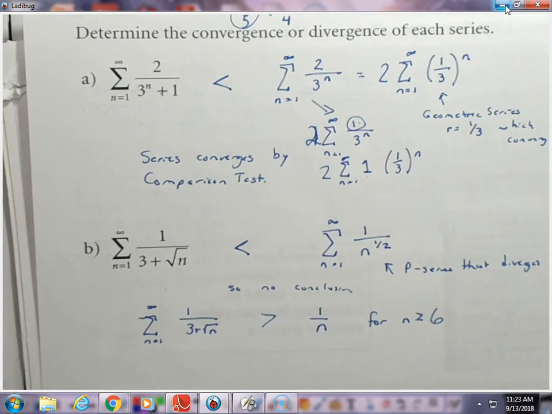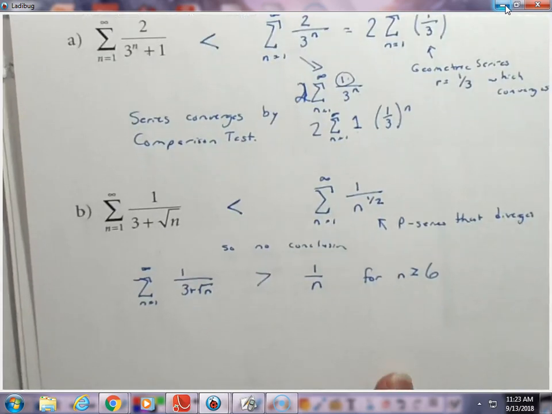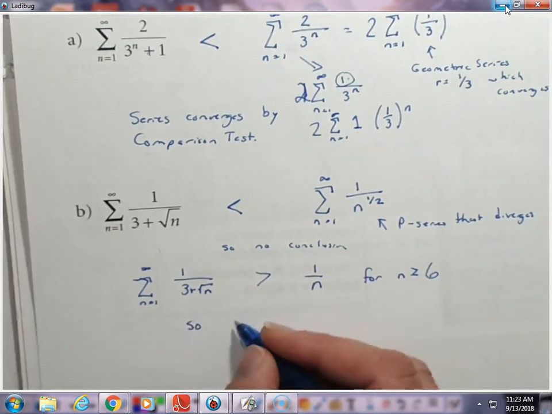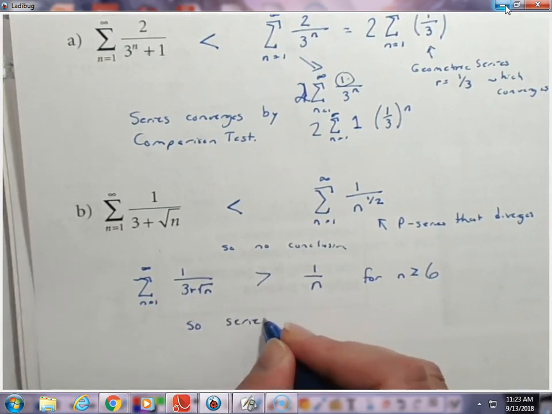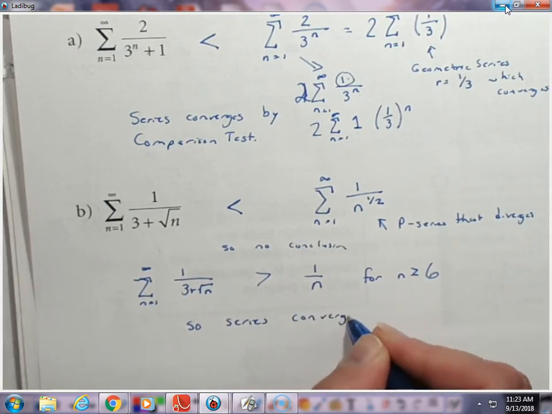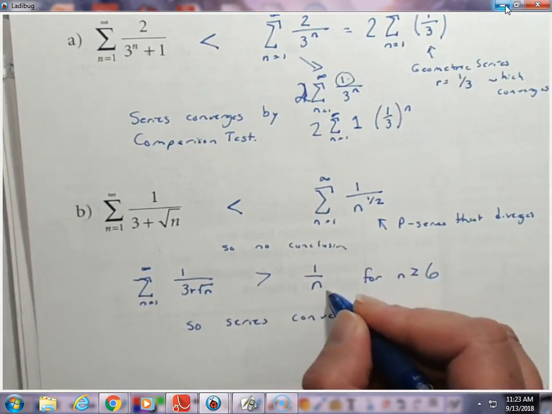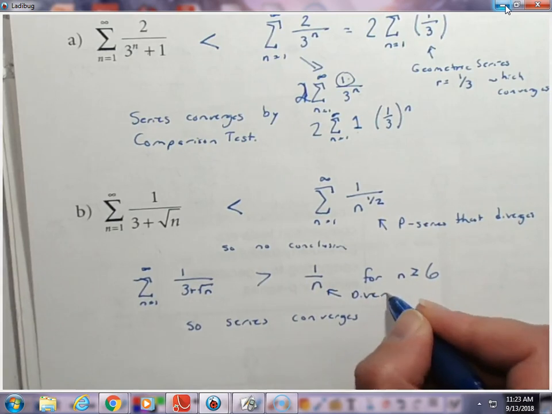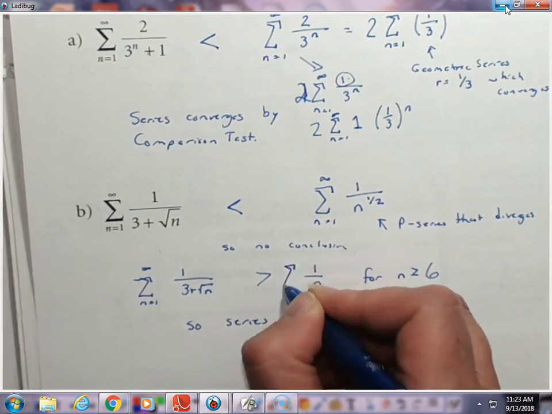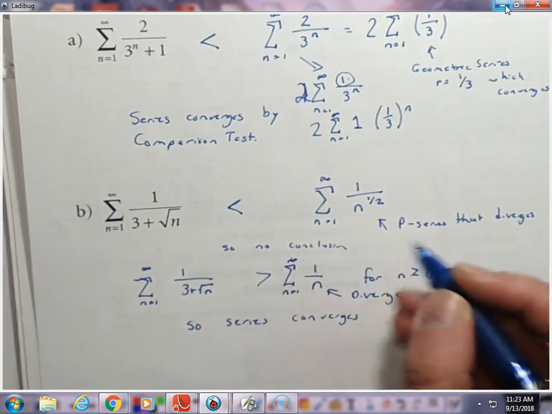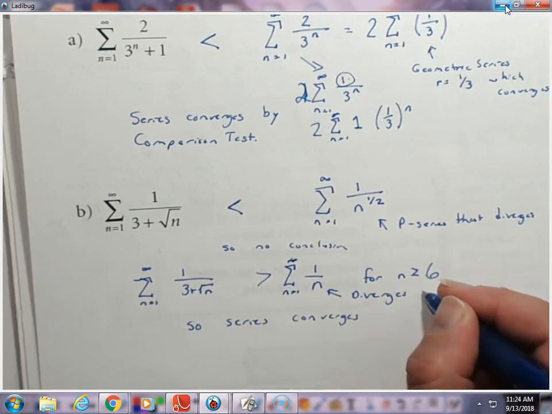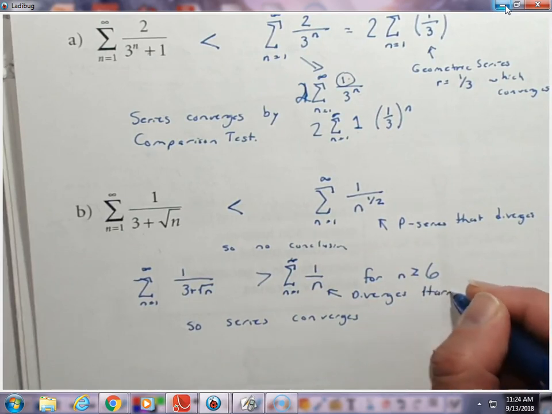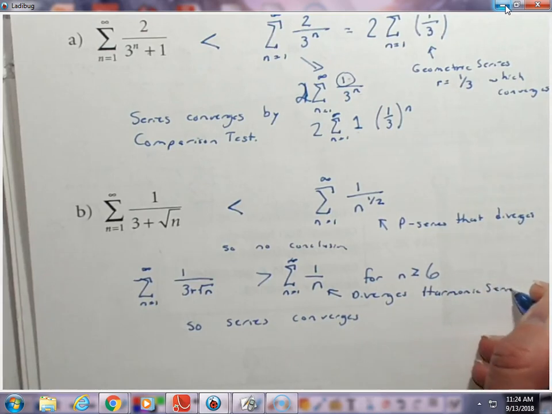Okay. So, is this still technically comparison? Yes, this is. Now I do need to say this diverges. Oh, I need a summation sign too. This diverges, and you can say, because it's a harmonic series, that's the thing with the p-series.